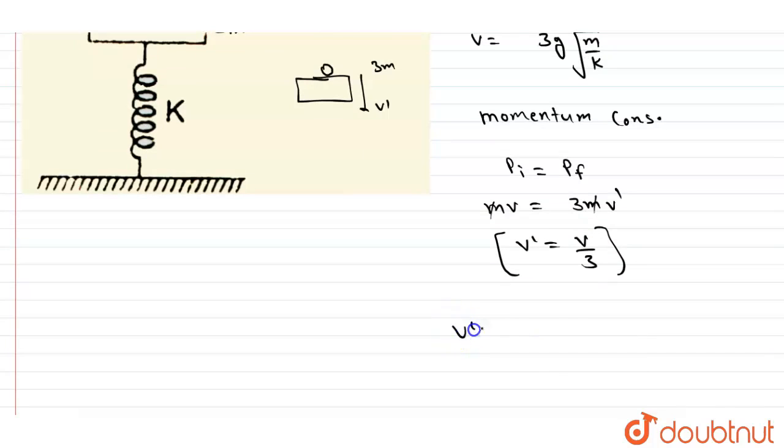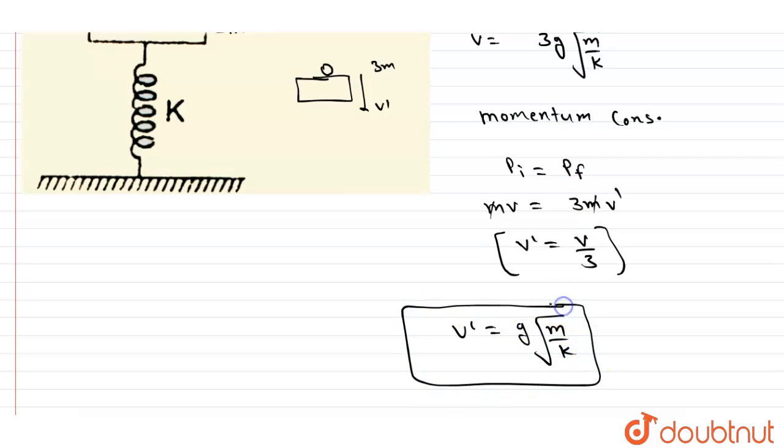So v dash can be written as, as we know that v is 3g root m by k, only g under root m over k. This is the velocity with which both will move towards the downward side.